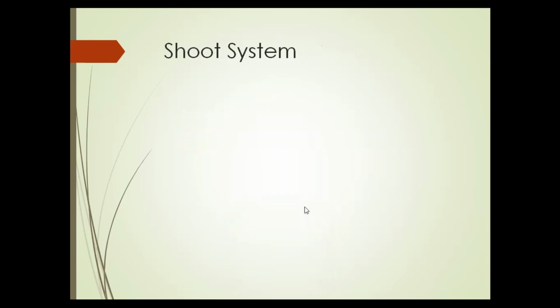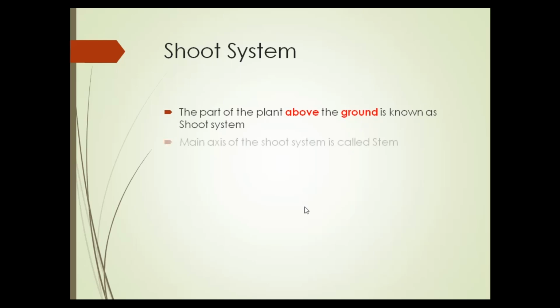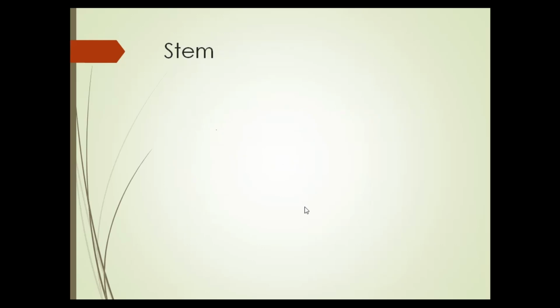Now, let us move on to the shoot system. The part of the plant above the ground is referred to as the shoot system. The main axis of the shoot system is called the stem. The shoot system consists of stem, leaves, flowers and fruits. Now let us see about the stem.